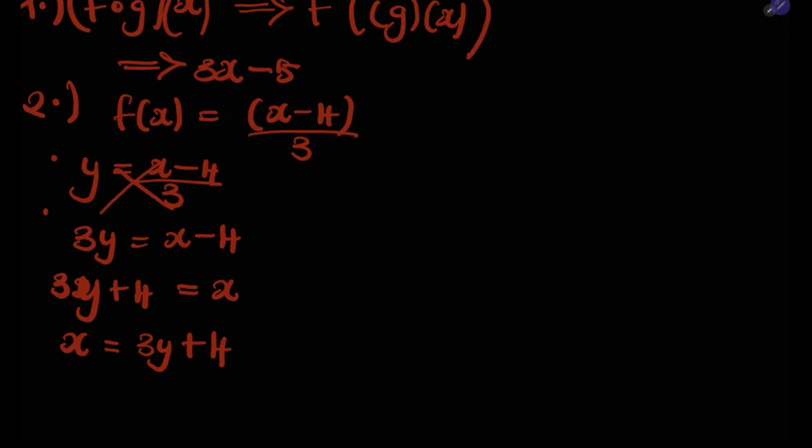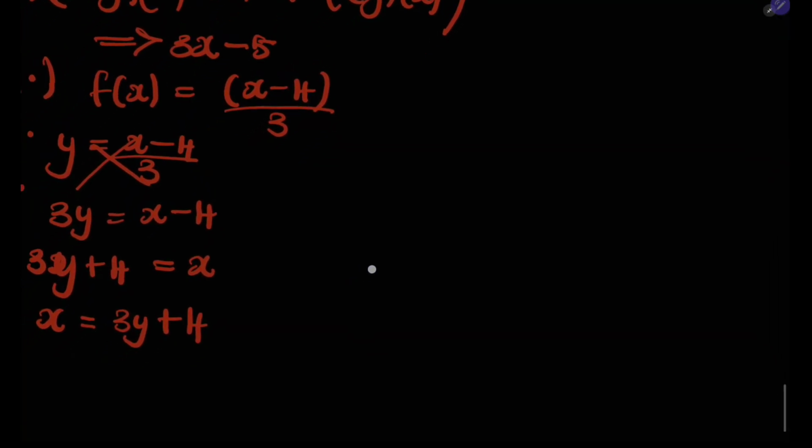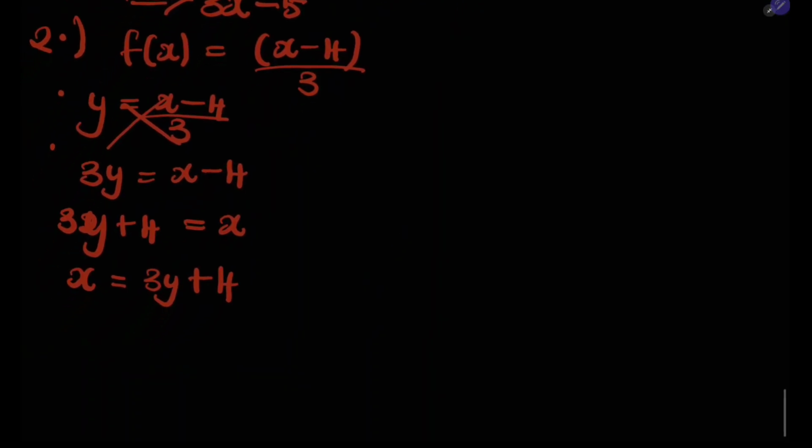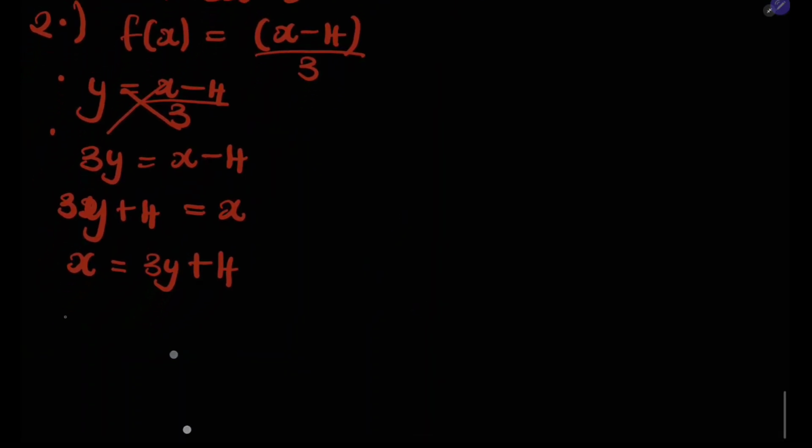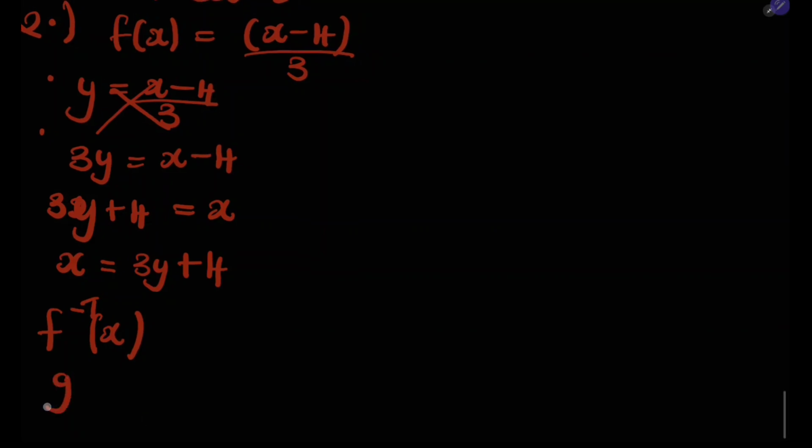And then here we can state our inverse. So to state our inverse, we're just going to say f inverse. Remember, this is how we write f inverse. F inverse of x. If it were g, we will have g inverse of x, like that.